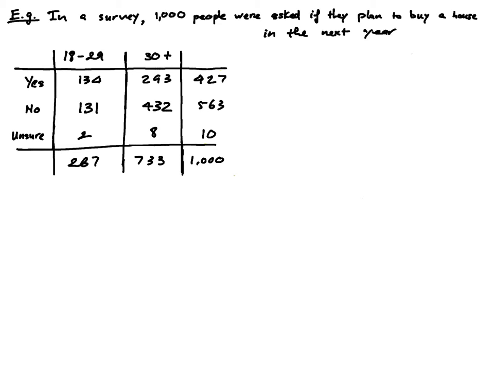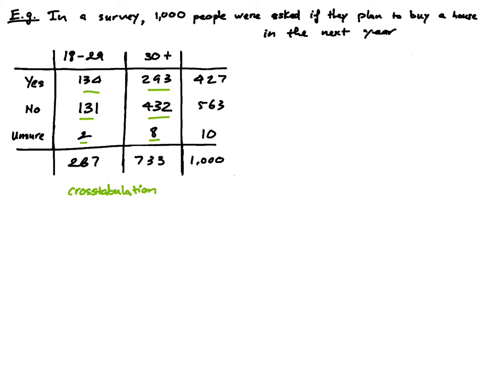If you recall from earlier in the course, this is what we call a cross tabulation. The way we interpret the cross tabulation is that the numbers in the interior of the table give you the numbers of observations that satisfy both the row and the column categories.